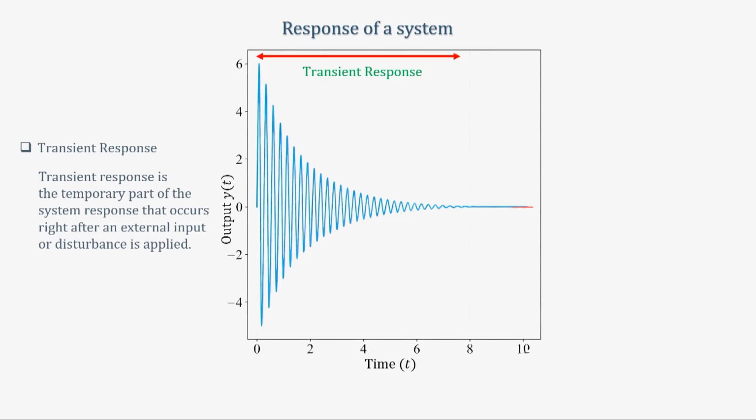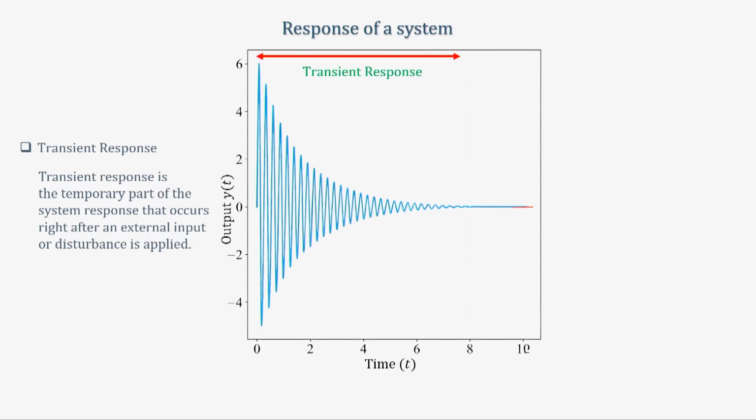Now, you can ask, up to what time does a system have transient response, and from when does it have steady state response? That is very difficult to differentiate, but in general when the transients die down, when the oscillations die down, we say that the system has settled to its steady state value. I will come to the steady state value soon.